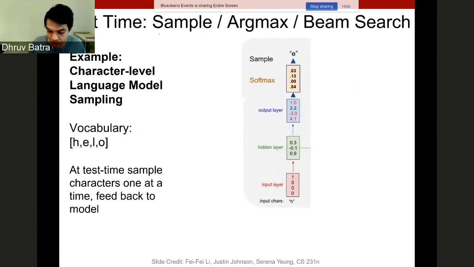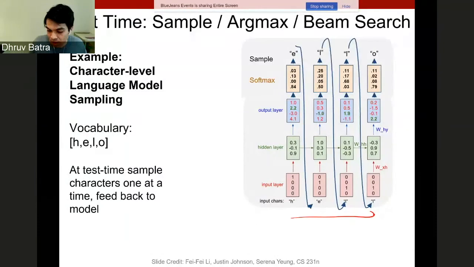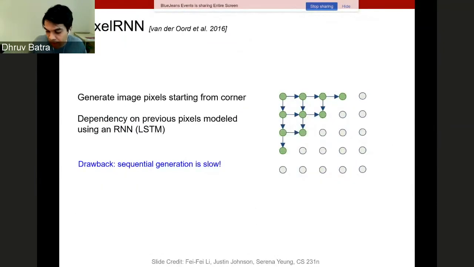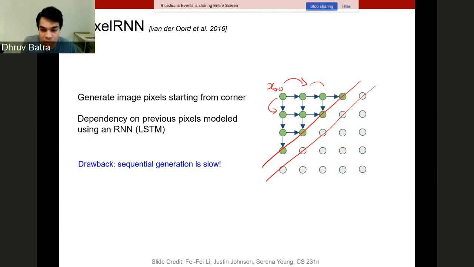I can sample, I can argmax. Everything that we taught you in sampling was linear left to right. The fact that there is a two-dimensional ordering here just means that you now have to keep track of this diagonal frontier, but you can still sample. You first sample x of 0, 0, then you sample these values and so on. And you can sample them based on the pixels that came before them.